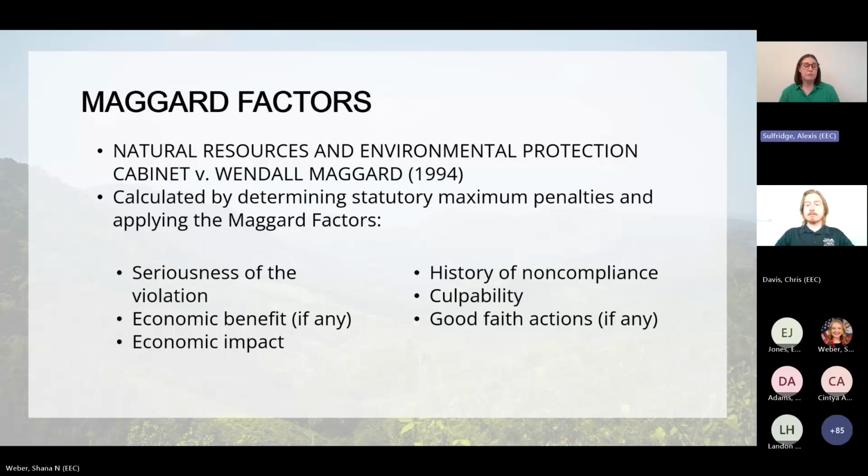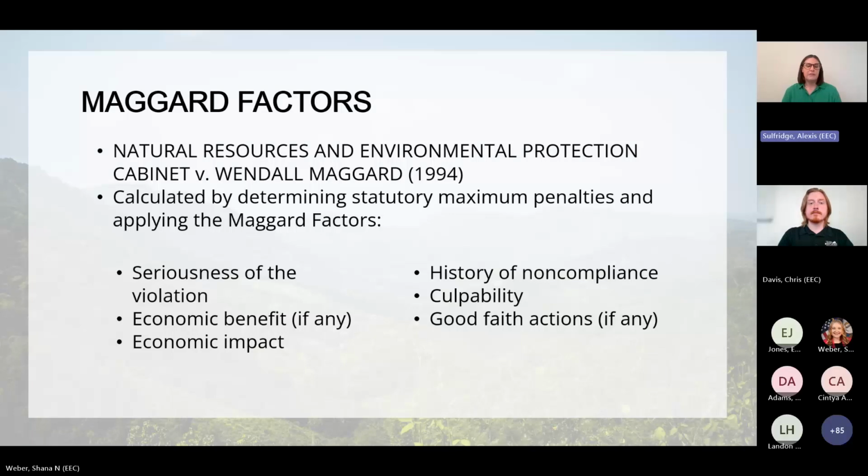The first thing that we look at is the seriousness of the violation. That's pretty self-explanatory. Was there real or actual harm to the environment or public health? Looking at different volumes of unpermitted discharges. So it's probably one of the biggest categories that we consider here.